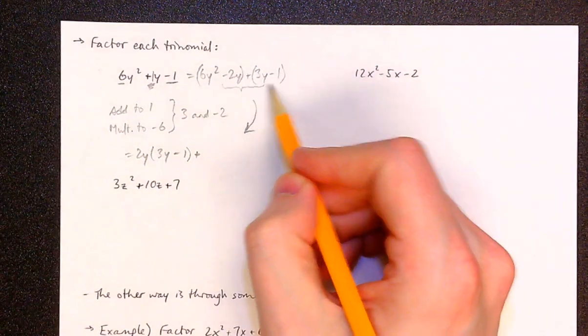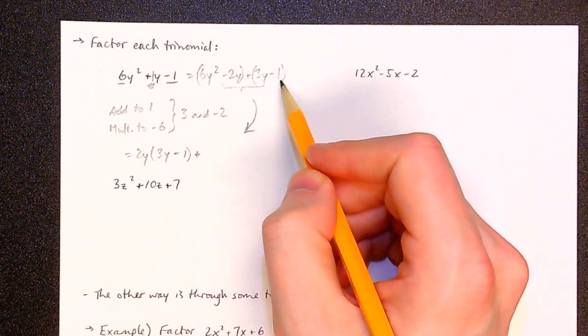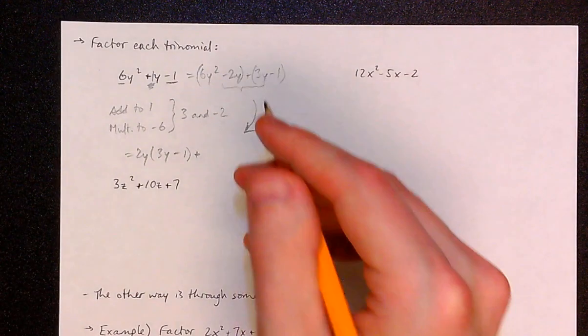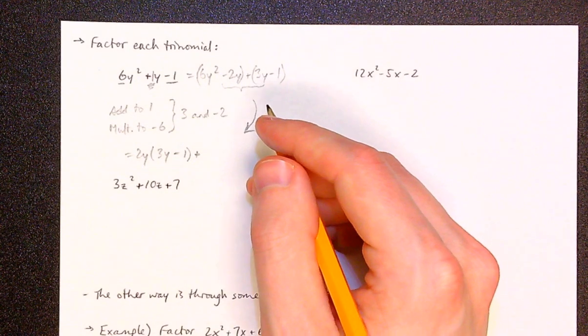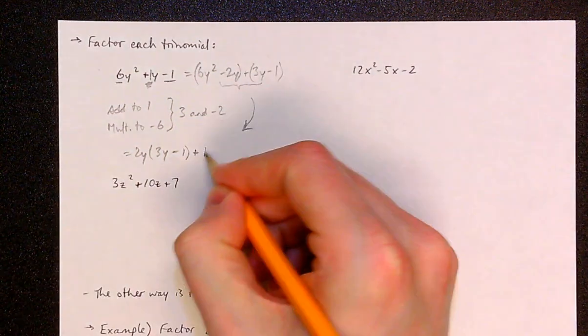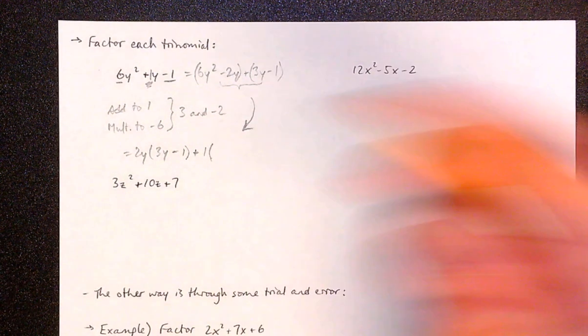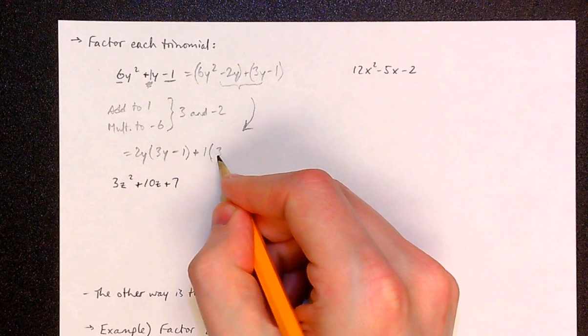What is the GCF of 3y and 1? Well, actually, this one's very easy, and it's actually kind of boring. The GCF is just 1. And if you divide this thing by 1, you get the same thing.